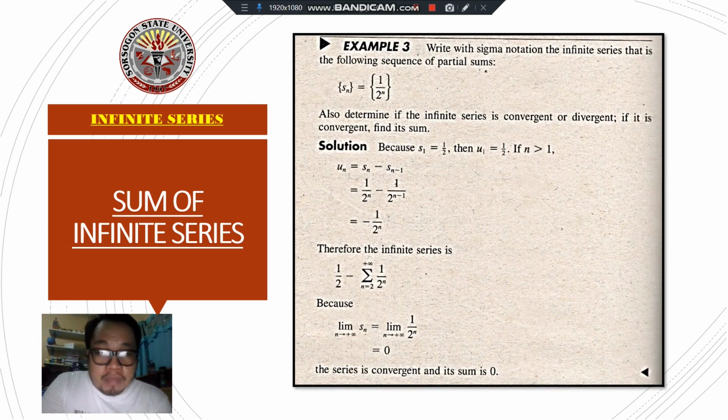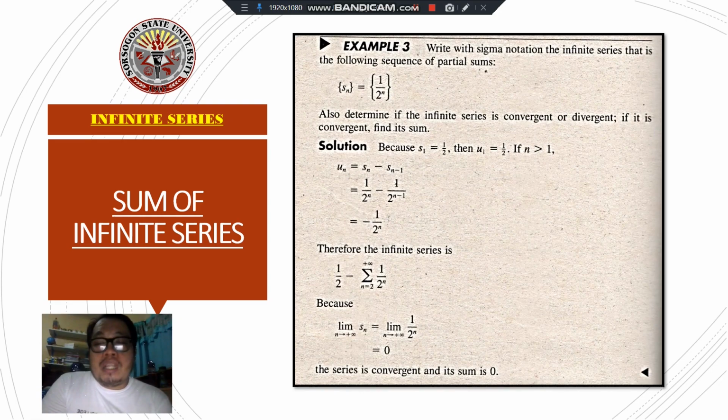Now the limit of s of n, where n approaches positive infinity, is equal to the limit of 1 over 2 raised to n. So we make use of the given sequence of partial sums, s of n, and that is equal to 0. But 0 doesn't indicate that the infinite series is divergent, since 0 is still a value.